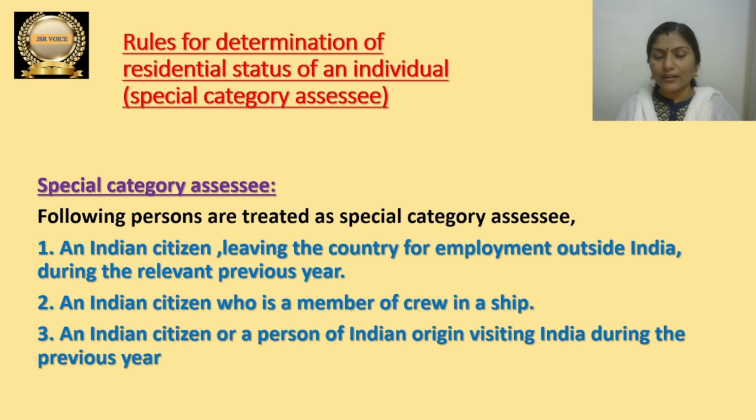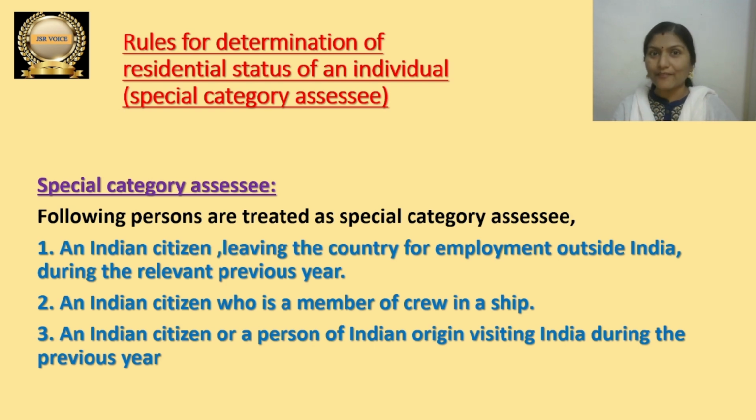And second one, third one, who are those? An Indian citizen who is a member of crew in a ship. So that person also is treated as special category assessee. And third one, an Indian citizen or a person of Indian origin visiting India during the previous year. So this third one also is treated as special category assessee.